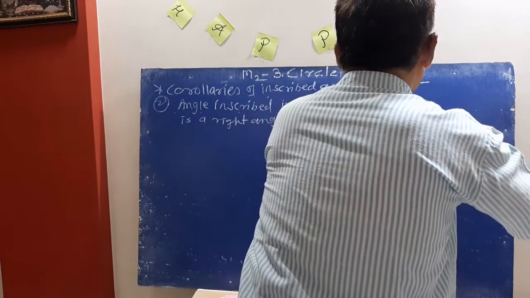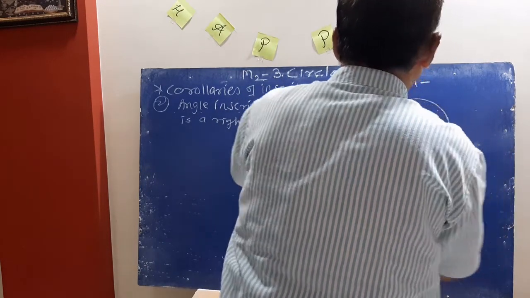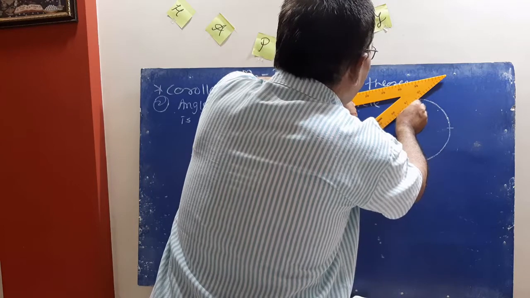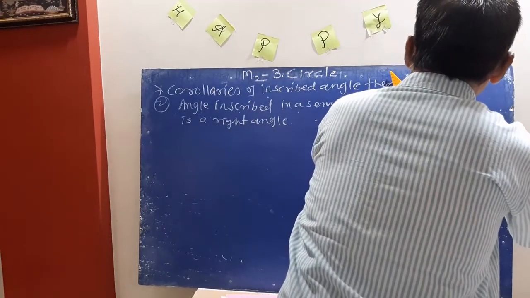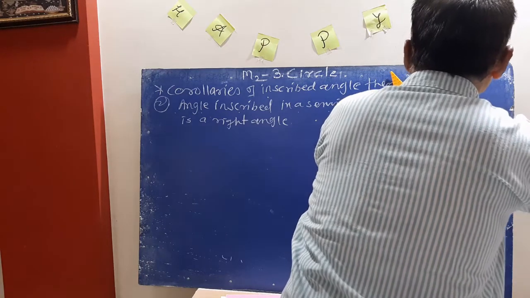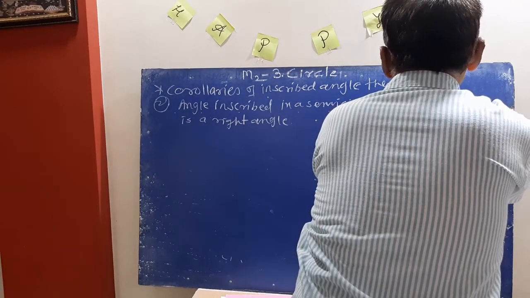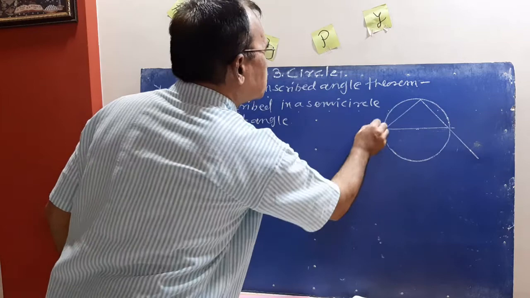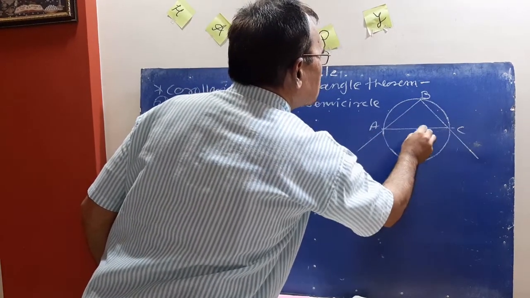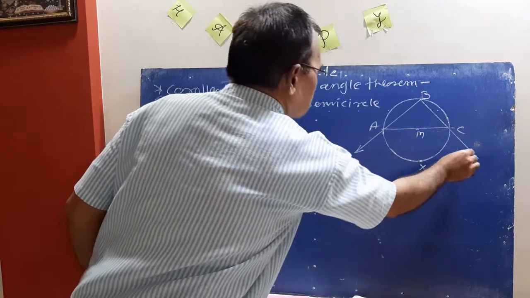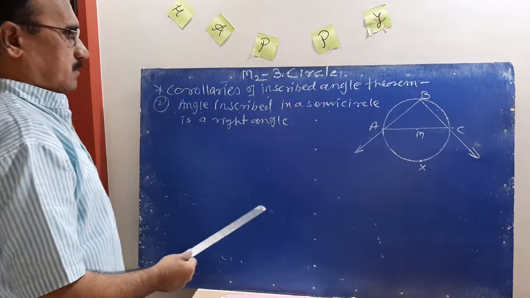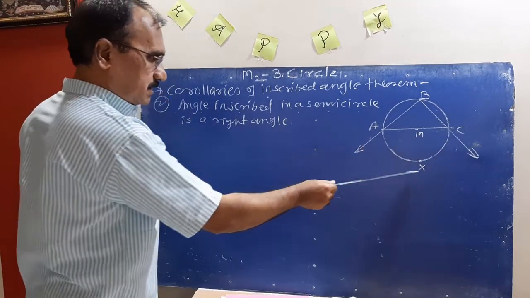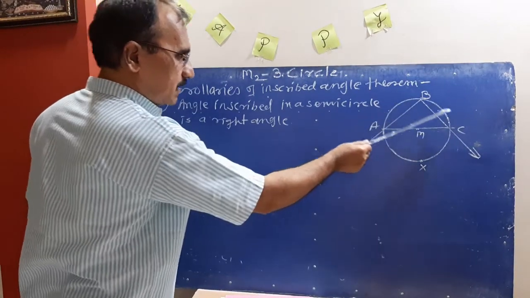Here, semicircle means our inscribed angle has the end points of a diameter. Label ABC and X. M is the center of the circle, AC is the diameter, and then arc AXC is a semicircle, and arc ABC is also a semicircle.